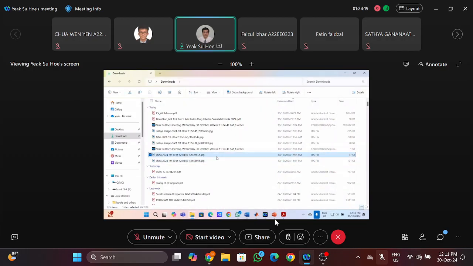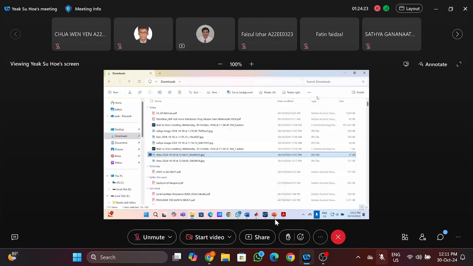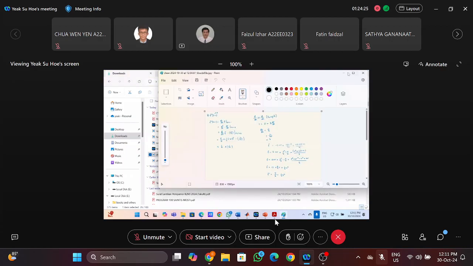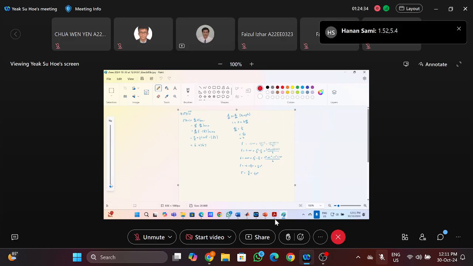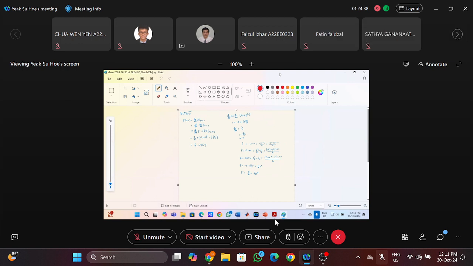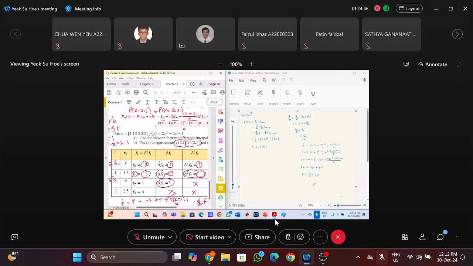Okay, we see the gradients. You check for the gradient. Oh, 5.4. Okay, check. Now we check for this.